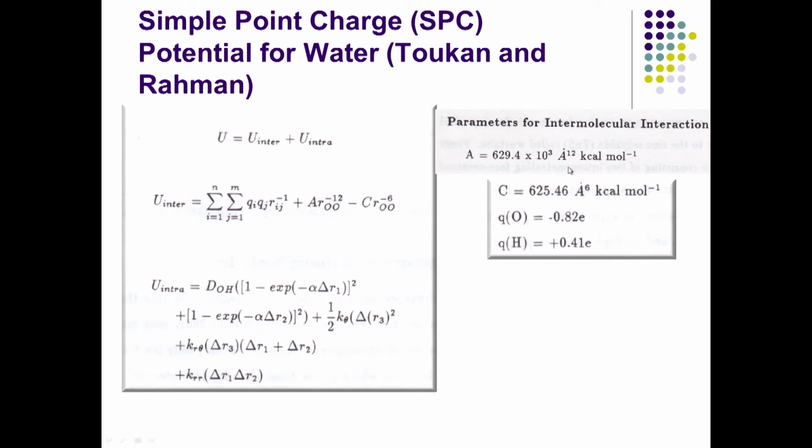And then these are all the parameters for which Stillinger and Rahman did a lot of experimental research to come up with all these values in terms of the Coulomb constants. All of these constants A and C are defined based on calorimetric studies of specific heat, etc.